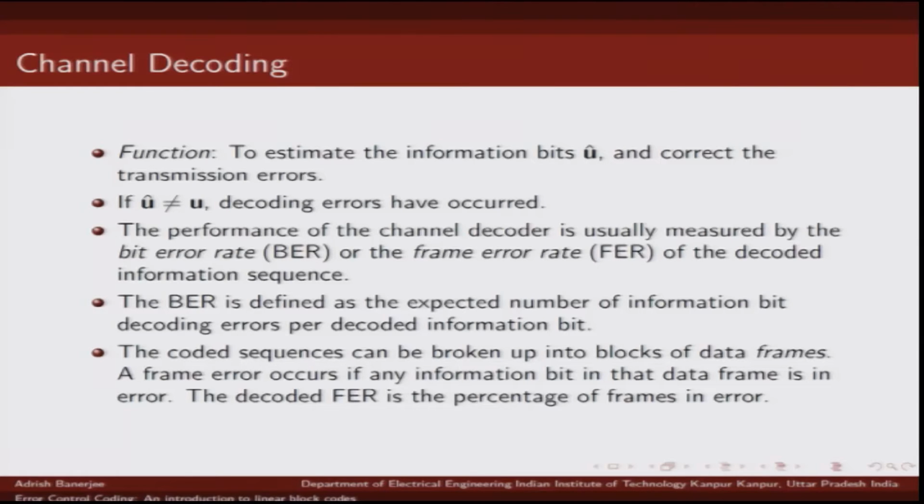Similarly, in packet data communication, if any of the bits in the packet is in error, we say the whole packet or frame is in error. Frame error rate is the number of frames in error divided by the total number of frames transmitted.